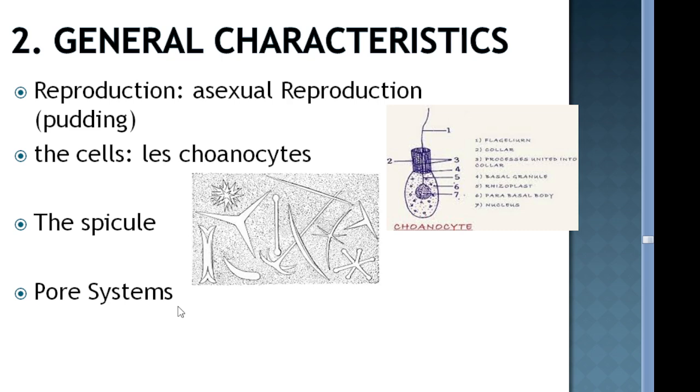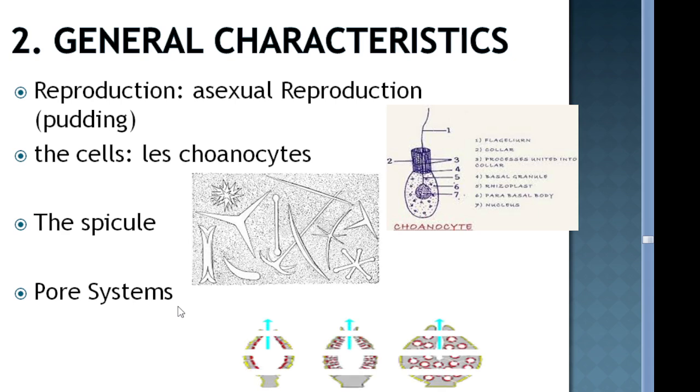That's why we will talk about the pore systems. From the simple to the very complicated system, each sponge will organize its wall differently, and we will see why we have three pore systems.